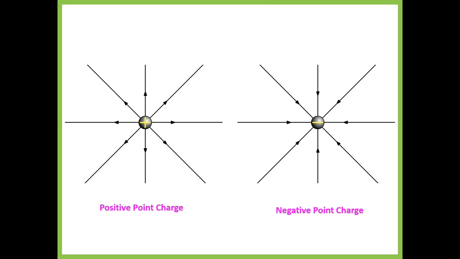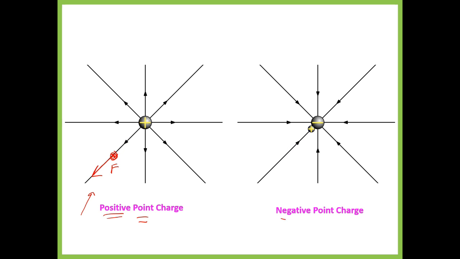Now we have two point charges, positive and negative. If we bring a test charge to the region of electric field, this test charge will experience force. In this case, for the positive point charge, the test charge will experience repulsive force, so it will be acting in this direction.